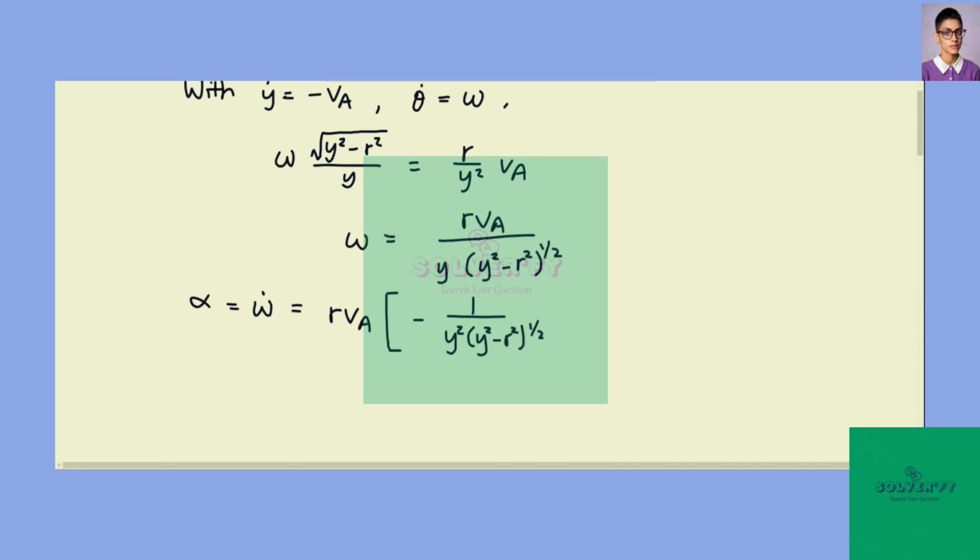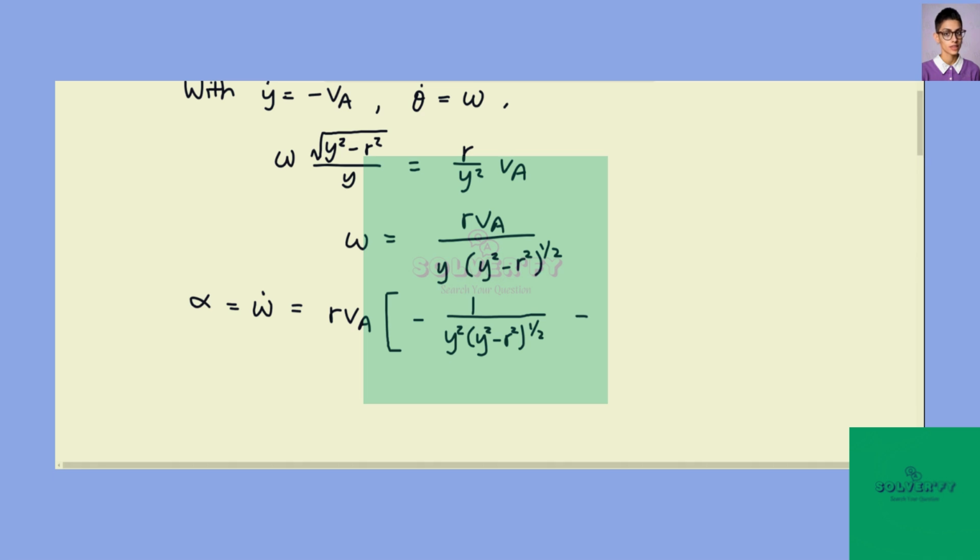Okay, so when you differentiate this, the first term I differentiate is the 1 over y, so again I get minus 1 over y square. Okay, and then if you differentiate y, you get 1, and then the next term would be differentiating this.